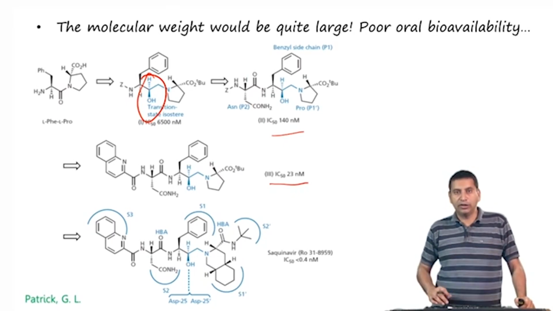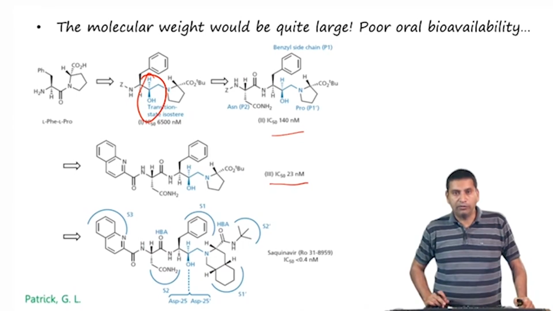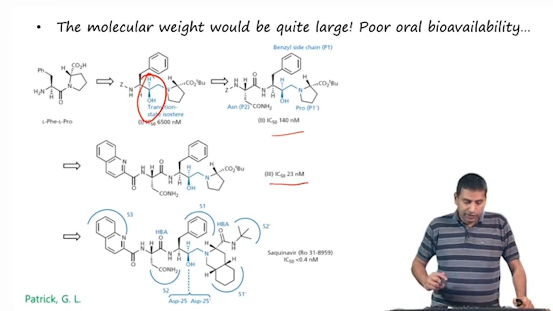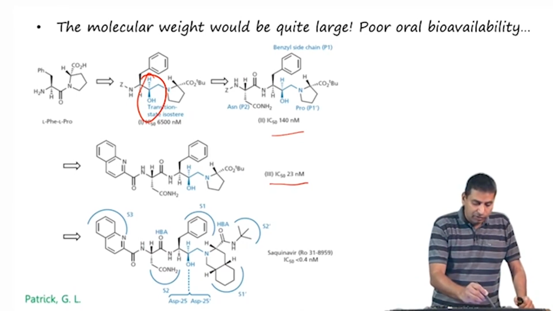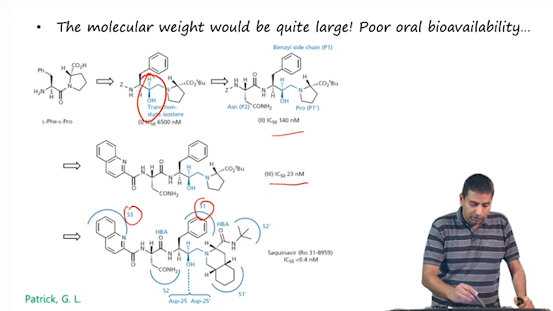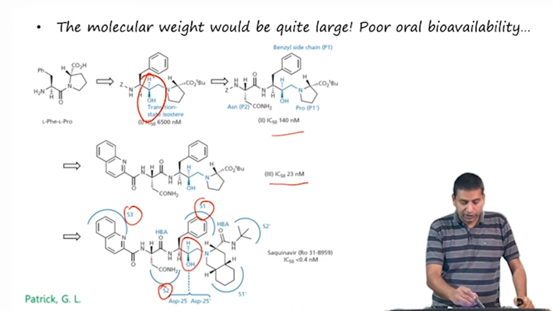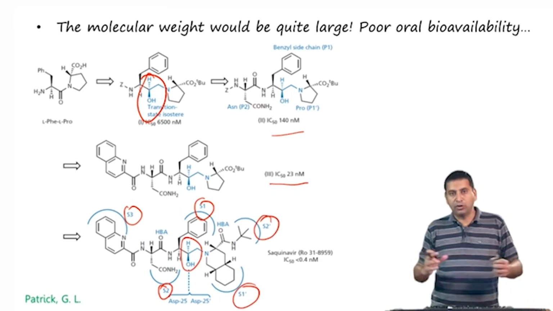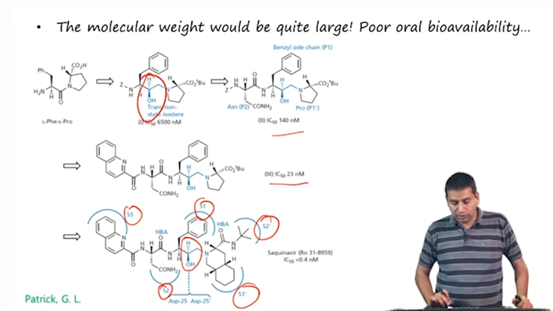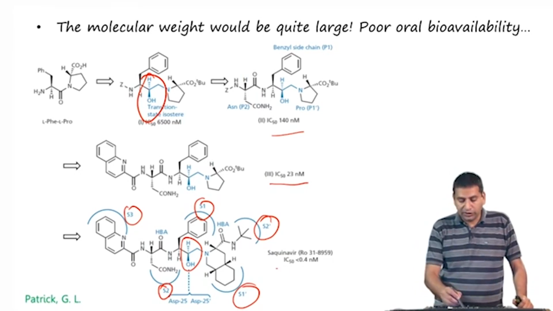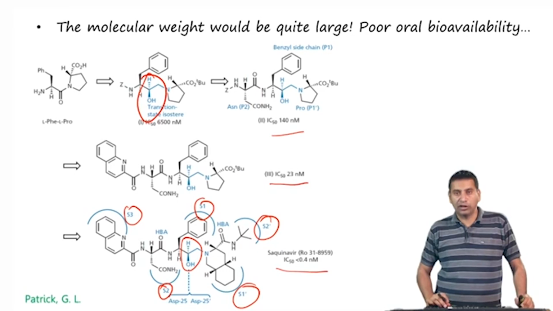So, we are getting really close to where we want to get to, and finally based on the interaction of the S3, S1, S2 subunits and keeping the transition state in mind, as well as S2 prime and S1 prime, this molecule, which is Crixivan, was identified. This has an IC50 of less than 0.4 nanomolar, and that is fantastic for use as an HIV protease inhibitor.